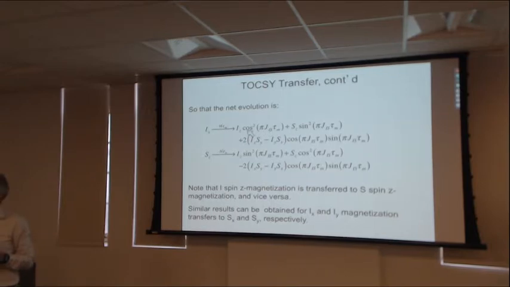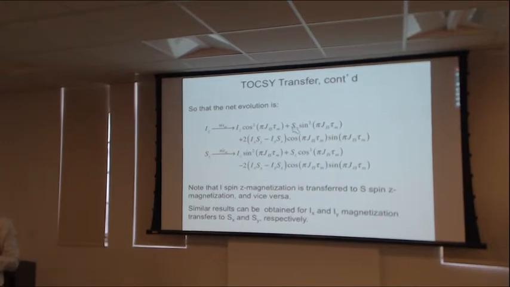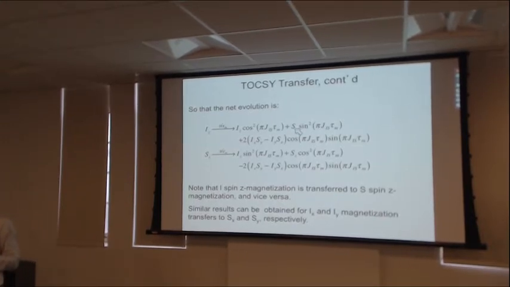If we have IX or SX, what do we expect for the multiplet? In phase or antiphase? Be brave, speak up. Antiphase has the two components in opposite directions, the two multiplet components, and that came when we had a Z operator, 2IXSZ, because SZ would be the same as S alpha minus S beta.